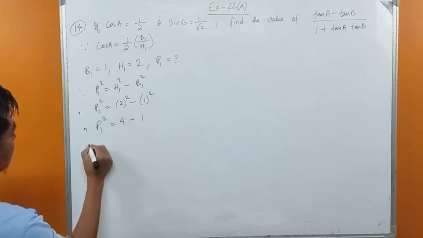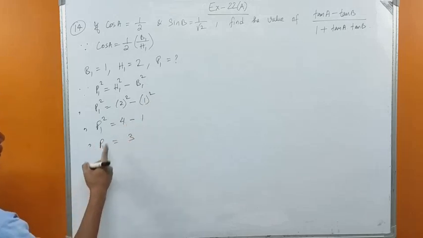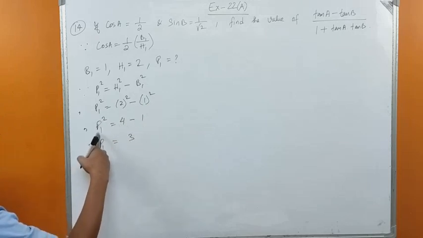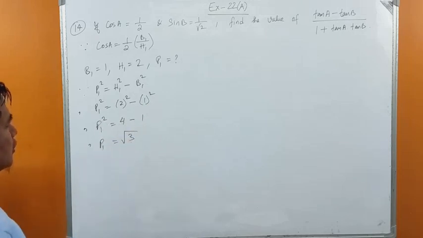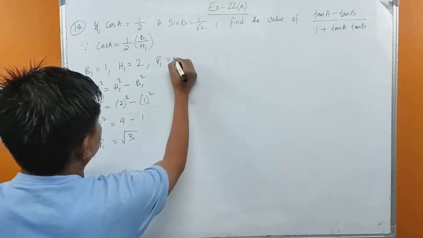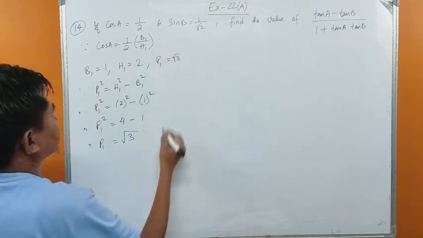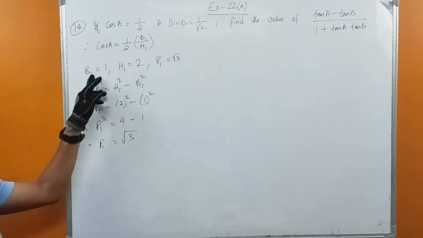So P1 squared is 3. Square when taken to the right hand side becomes root. So P1 is root 3. Perpendicular for the first triangle is root 3, and base is 1.